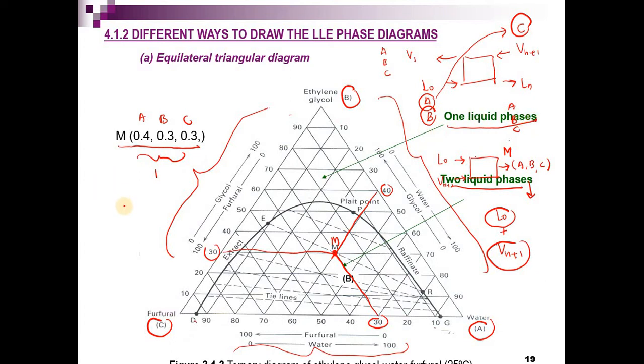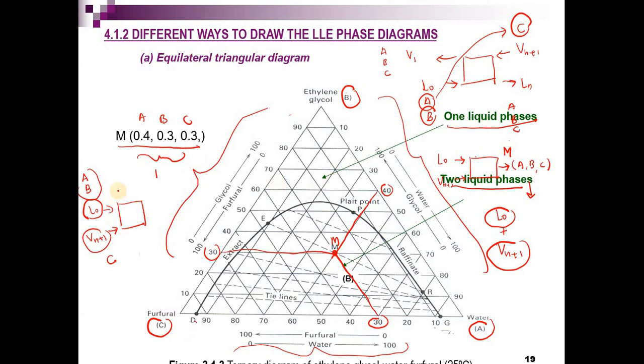Let's say I have L naught, and I mix it with Vn plus 1 as a solvent. L naught, the mixture, usually has A and B, while Vn plus 1 has C only. So the coordinate for L naught usually will be outside here.